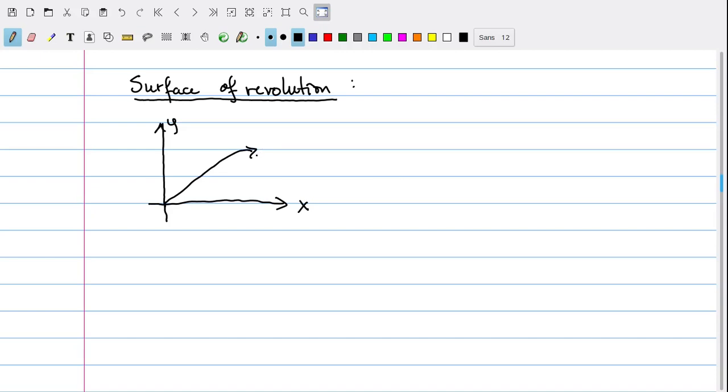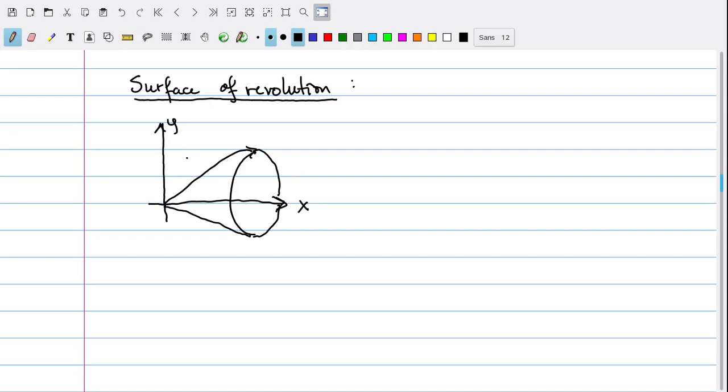Let's just think about here spinning this around the x-axis. And when I do that, I generate a surface. And we've been talking about, even back in Calc 1, how to calculate, for example, the surface area of objects like this. But we can come up as well with parameterizations of these sort of objects.